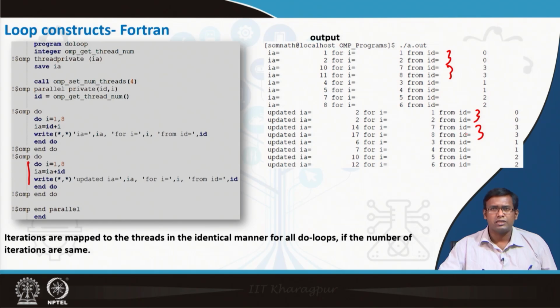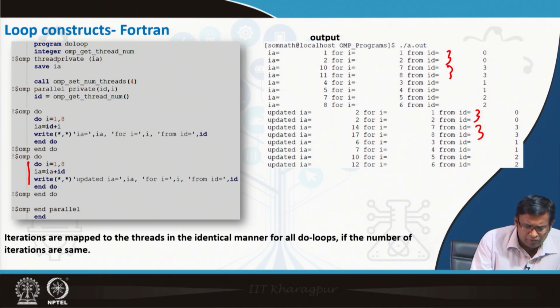If the iteration number changes, it happens differently, but this gives the programmer very good control over the work distribution in OpenMP, because if he is trying to solve something over a large number of iterations and the iterations happen over and over, he knows that these iterations are specifically assigned to this particular thread.